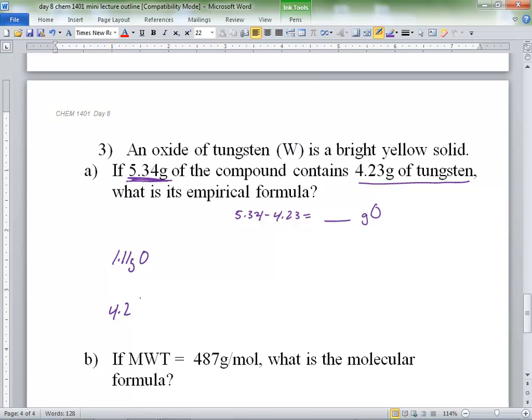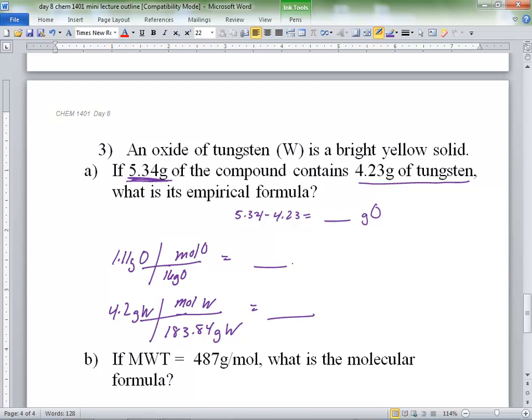Molar mass of 183.84. Get the moles of each, divide through by the smallest.